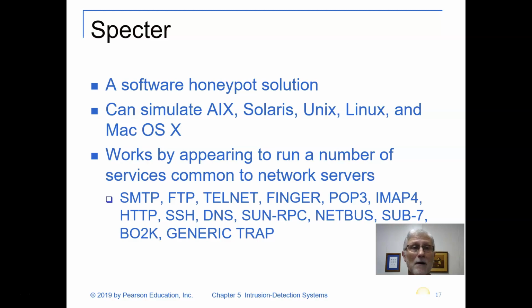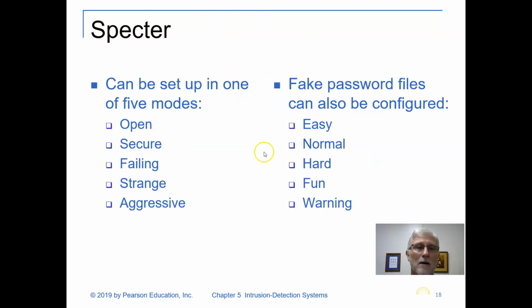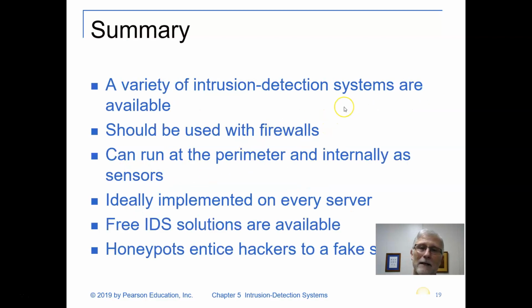That makes the attacker think that it's a viable, valid server that they are attacking. Spectre can be set up in 5 different modes: open, secure, failing, strange, and aggressive. Fake password files can also be configured at a couple of different levels, so people think they're getting the password files. There are different ways to entice attackers to come in, whether it's setting up how you modify traffic or password files.